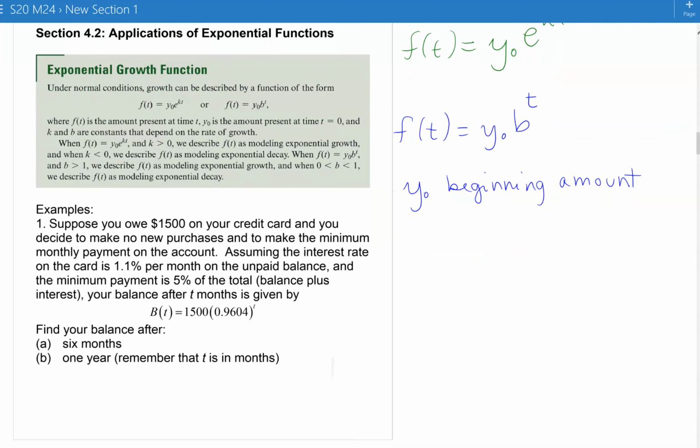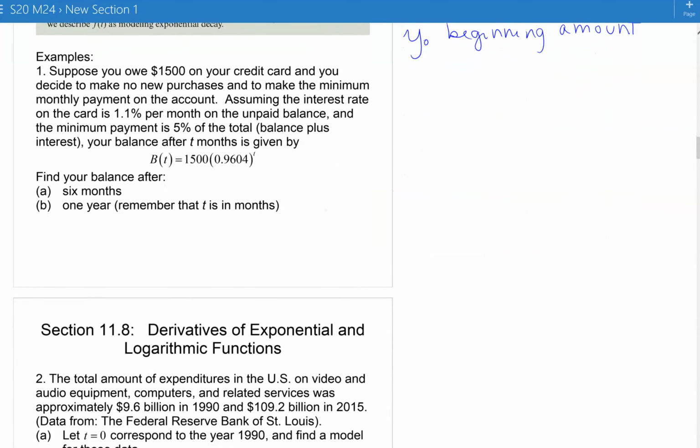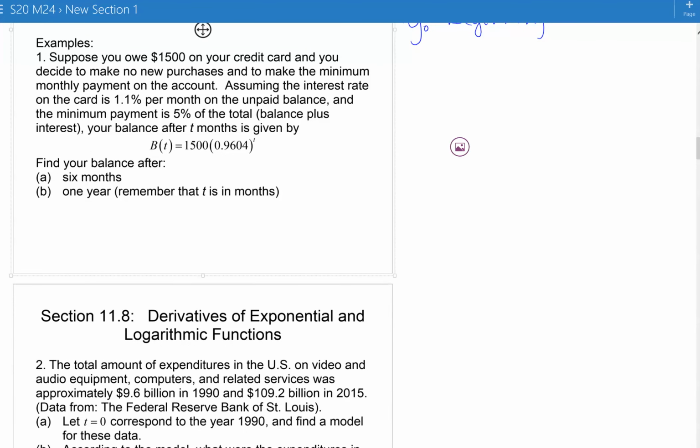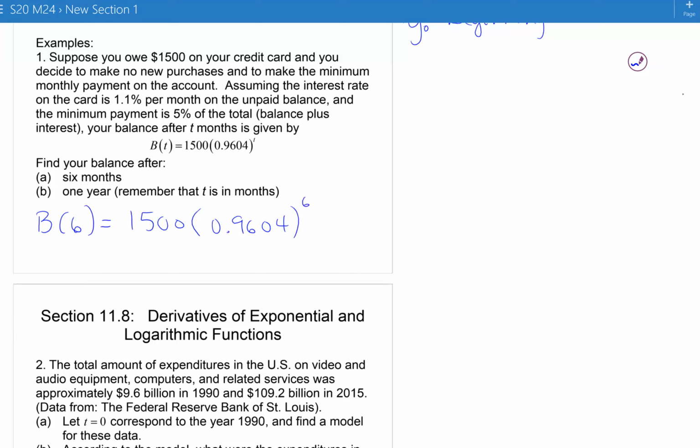So let's look at an example where we're just asked to use an exponential model where B is your balance on your credit card if you just make minimum payments. Okay, so your balance after 6 months will be B of 6 is 1,500 times 0.9604 to the power of 6.